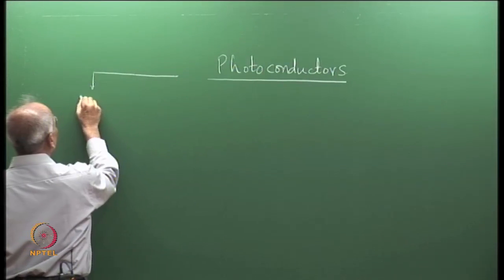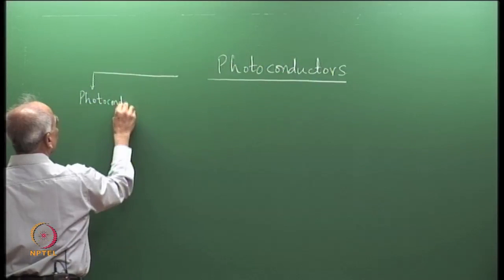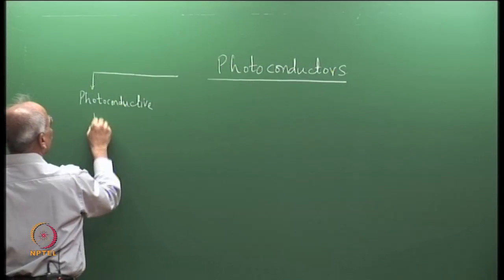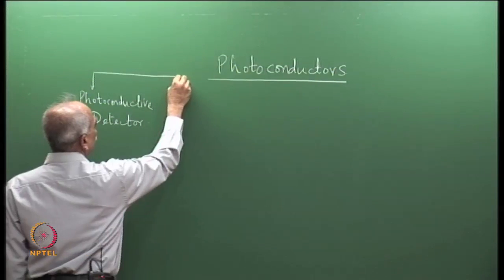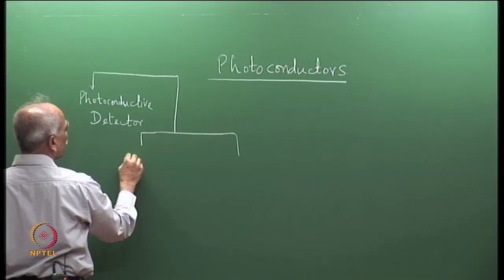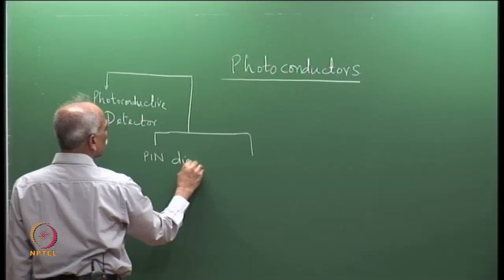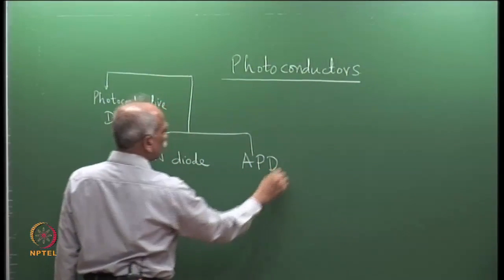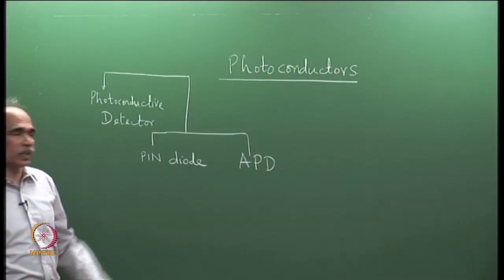One is the photoconductor, or photoconductive detector, and then photodiodes, in which we have two important categories: the pin photodiode, and the avalanche photodiode, APD. Today we will discuss the photoconductive detector, or simply photoconductors.